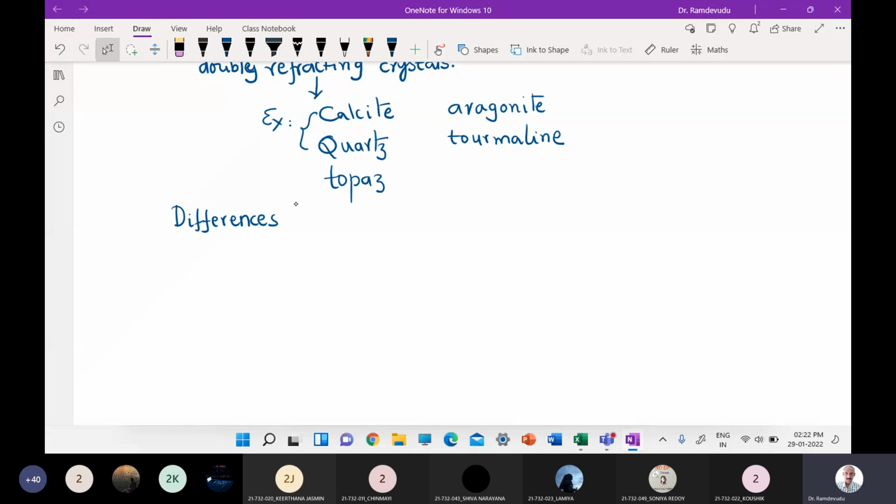Differences between O ray and E ray. A few differences, and also a few same behaviors are shown by these two rays.